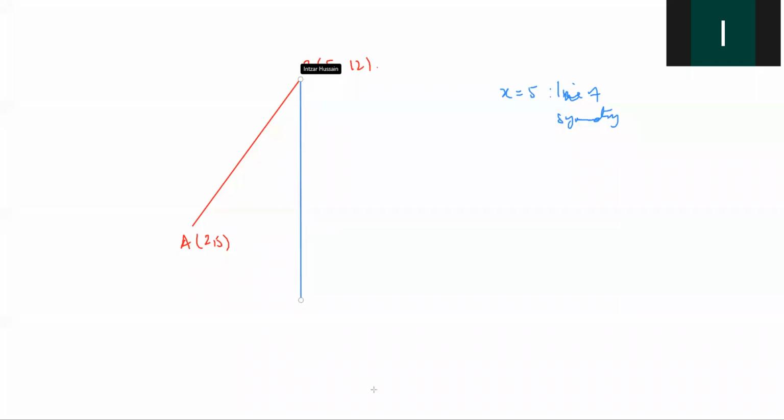And then the second thing is that this triangle has to be completed around this line of symmetry. So I'll be taking a horizontal line from here, making this symmetrical about this vertical line.